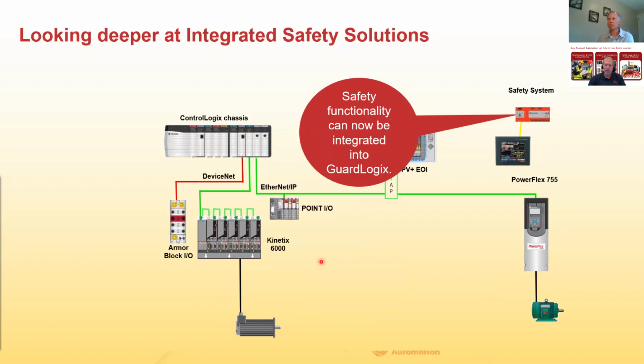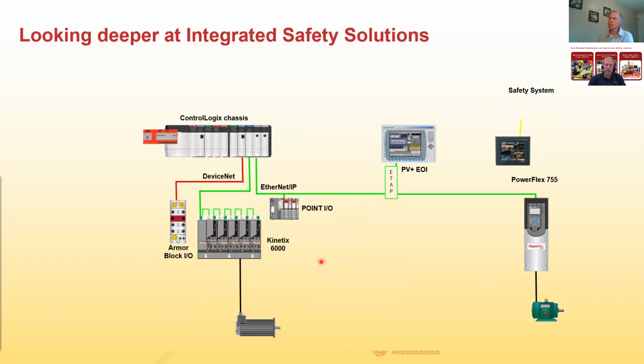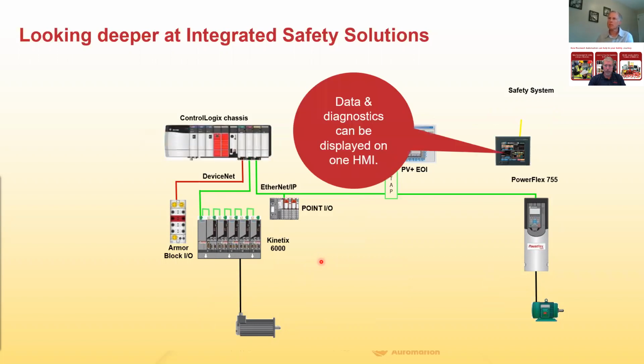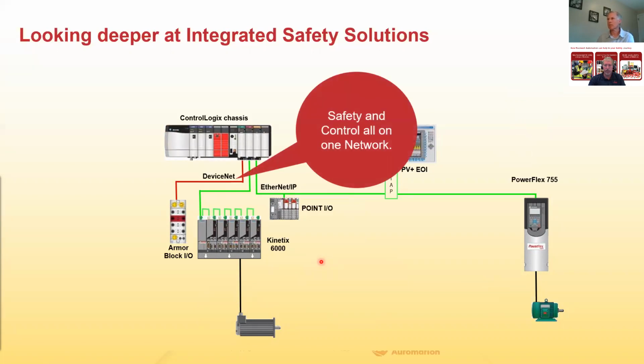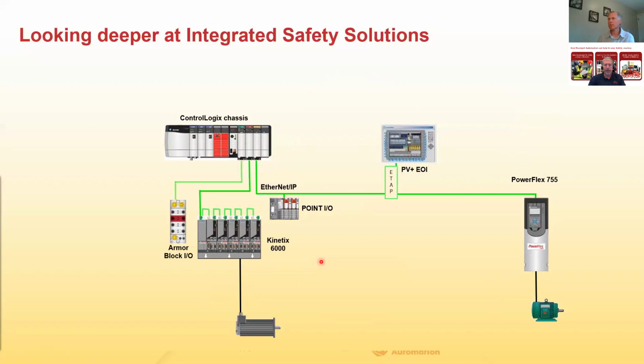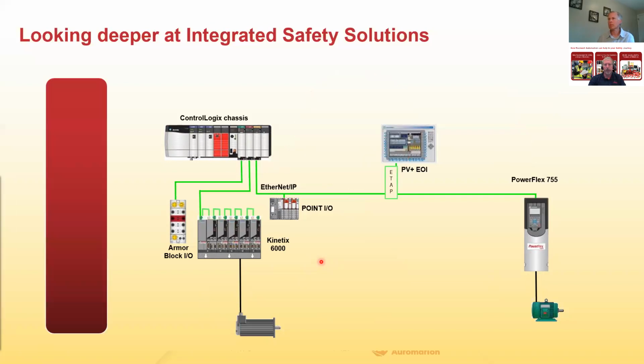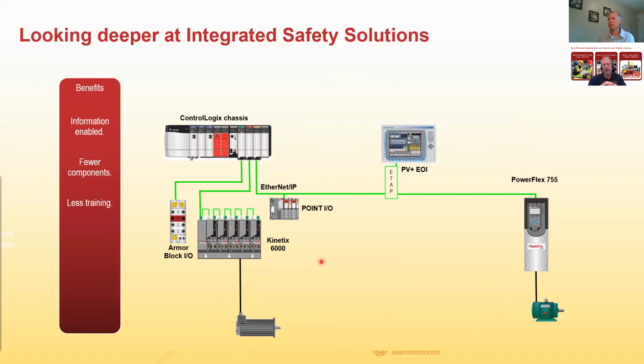The separate safety system can be fully integrated into the controller as well. And then all the data and diagnostics associated with that can be pulled into the existing platform, existing network. And then simplification of other networks. We have DeviceNet here. It could be a competitive network that's tied in, where we simplify that, streamline it to one network, and drive all that simplification into the process.